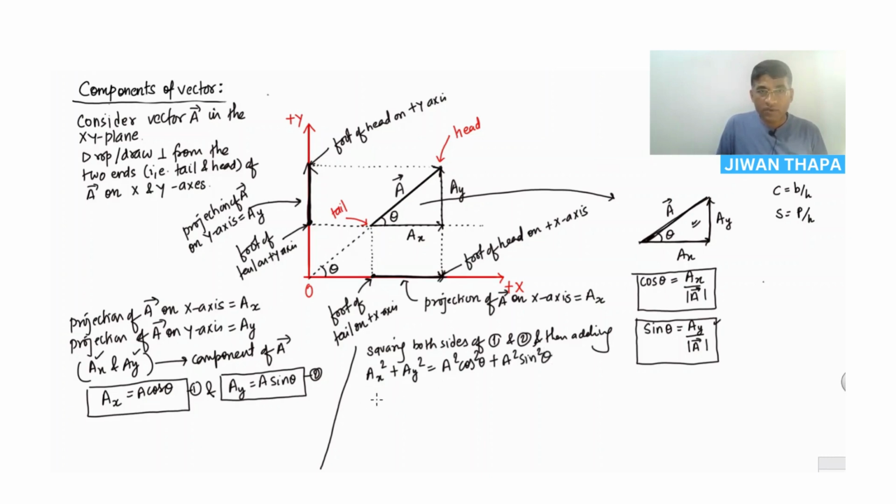We can write A square, taken common, times cos square theta plus sin square theta.